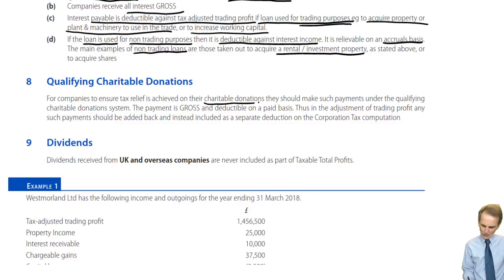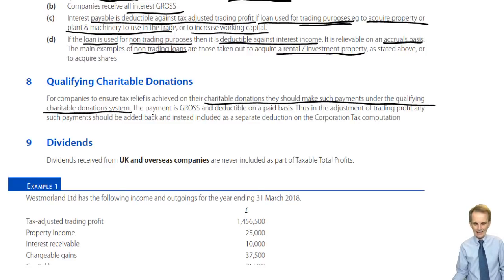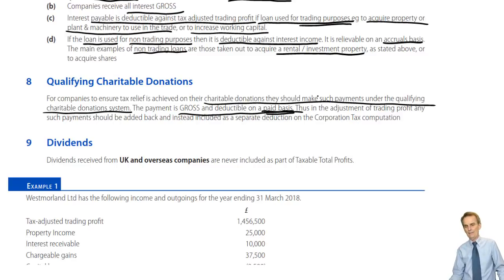The qualifying charitable donations, as we have just seen: companies make such payments under the qualifying charitable donation system. In any exam question they will use the term qualifying charitable donations. They are paid gross, deductible on a paid basis. Now again, we normally deal with an accruals basis for corporate tax, but in terms of that payment, we're talking about purely a paid basis.